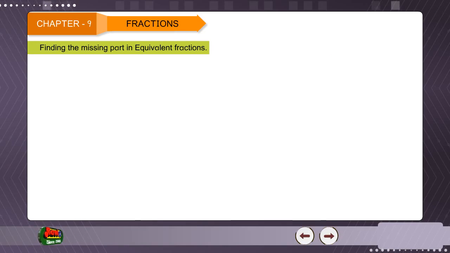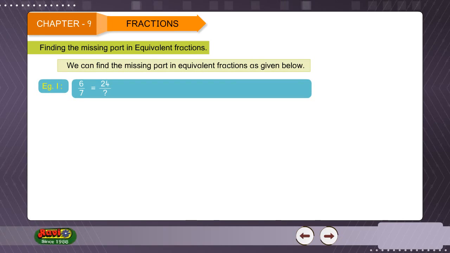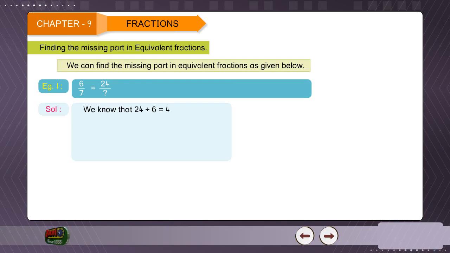Finding the missing part in equivalent fractions. We can find the missing part in equivalent fractions as given below. Example 1. 6 by 7 is equal to 24 by how much? Solution. We know that 24 divided by 6 is equal to 4.